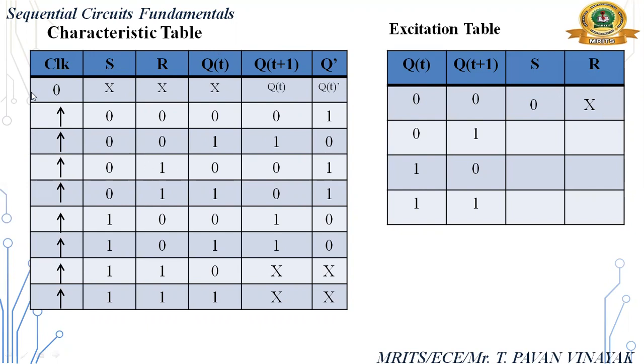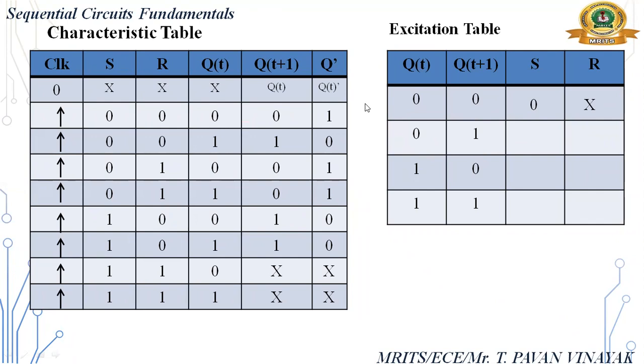Next for 0 1, observe where we get 0 1 from this table. 0 1 occurs only at this condition. Is there another condition here? No. So we can write S and R as 1, 0. There is no other possible combination.